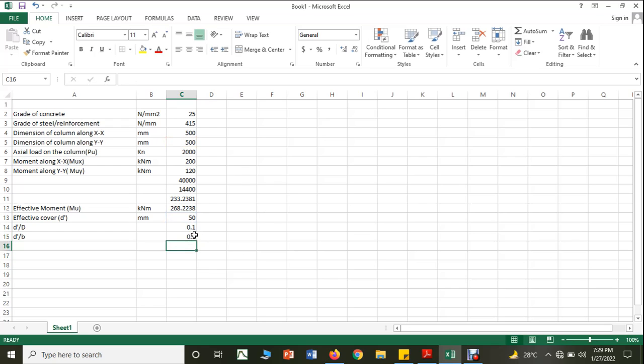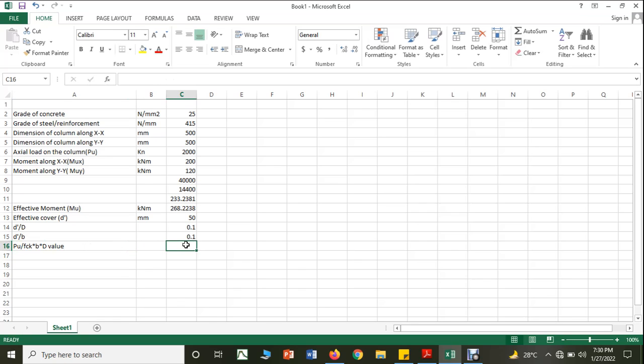So now since it is a square column, let us find Pu by fck into b into d.